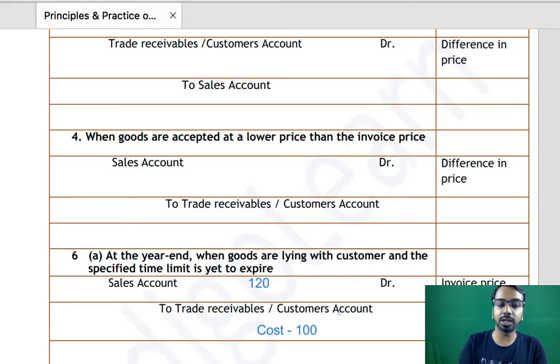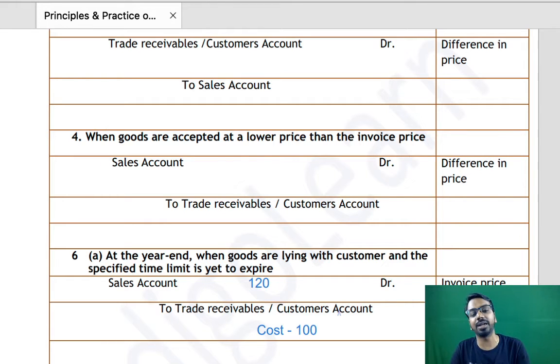This becomes your balance sheet item, and we know closing stock is credited to the trading account, so the corresponding credit goes to the trading account. So this specific entry comes when there is a financial year end or quarter end in between, where you reverse the portion of sales which are not yet completed by debiting the sales account and crediting the trade receivables account. And the other thing we do is bring the inventory into our books.